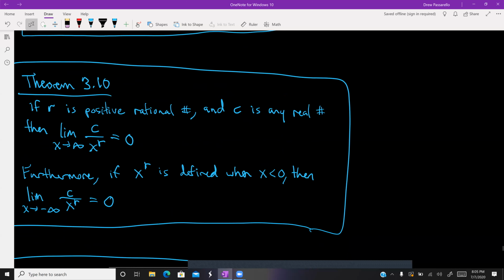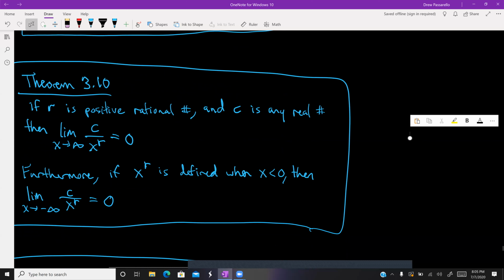Here's theorem 3.10, and in the next video we'll make use of this theorem. It's just saying if you have a limit as x approaches infinity, and you have the variable x raised to some exponent, and that exponent is a positive rational number, and it's in the denominator, up top could be any number. So if you have some number divided by x to the r, it's going to equal 0 as x gets really big.